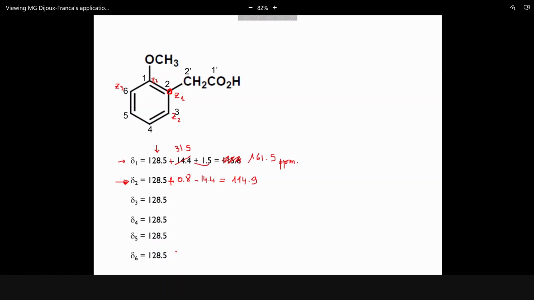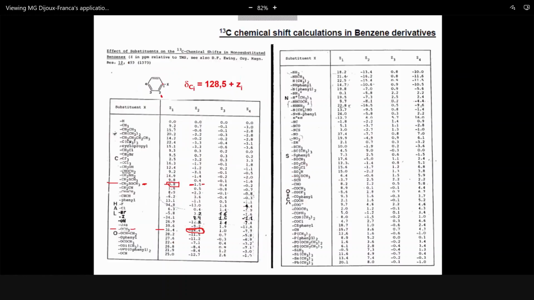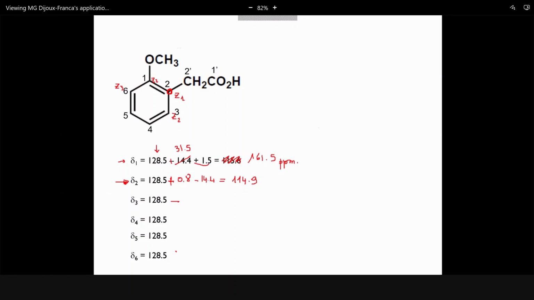For carbon 3 now? Plus 1.0, 1.5. Sorry, you say? Yes, I say plus 1.5 and plus 1.